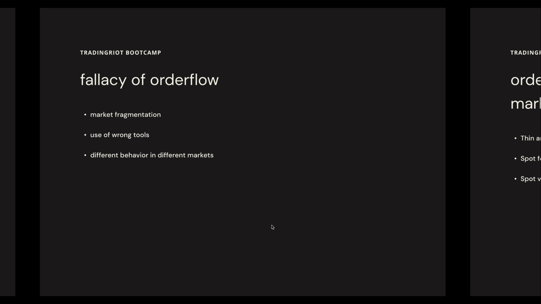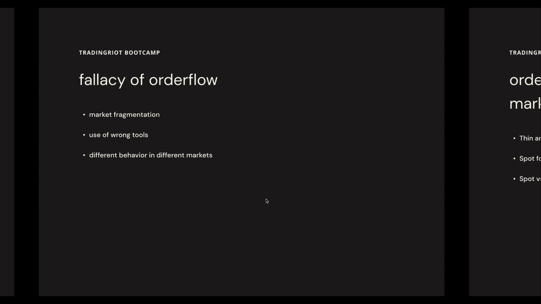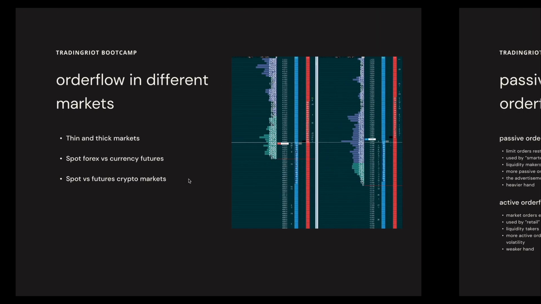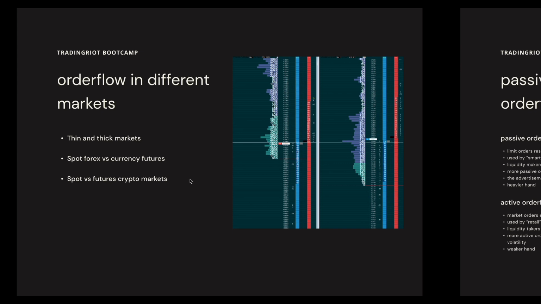So it's not a holy grail or just a one-way street to anything. There are different things you need to pay attention to. So, order flow in the different markets. Like I said, there are thin and thick markets. On the right side you can see two DOMs.